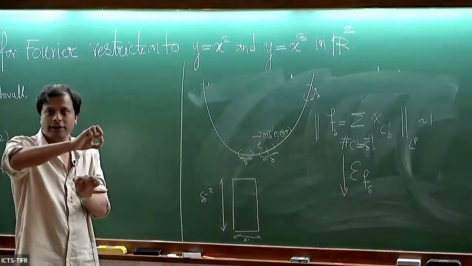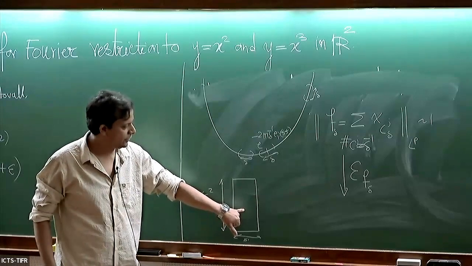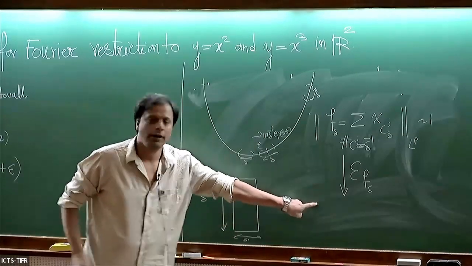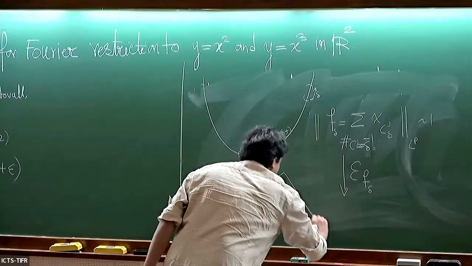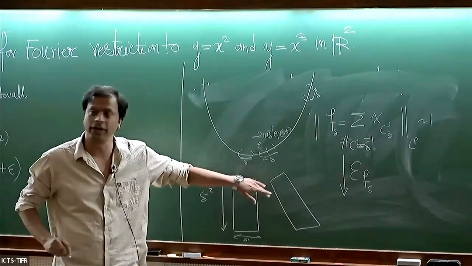I'm going to modulate this so that the Fourier transform gets translated. If this is centered at 0, it gets translated by delta inverse. So I get something like this. They have disjoint supports, but again the same dimensions. The dimension doesn't change.